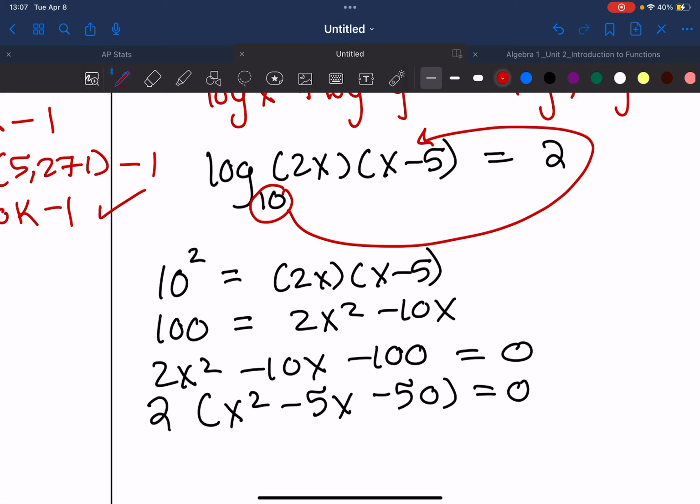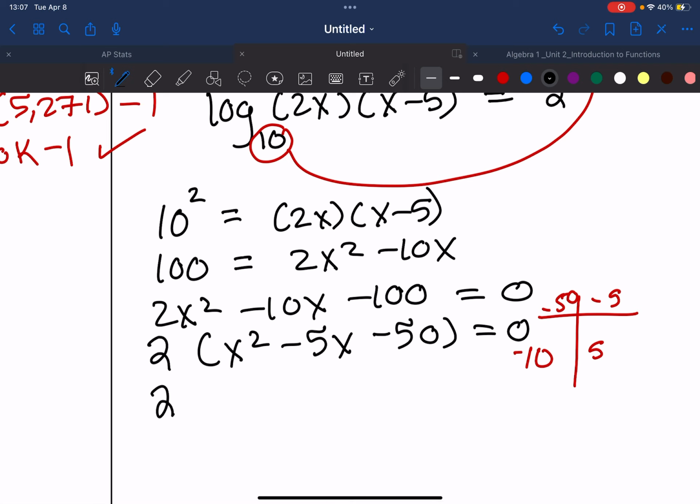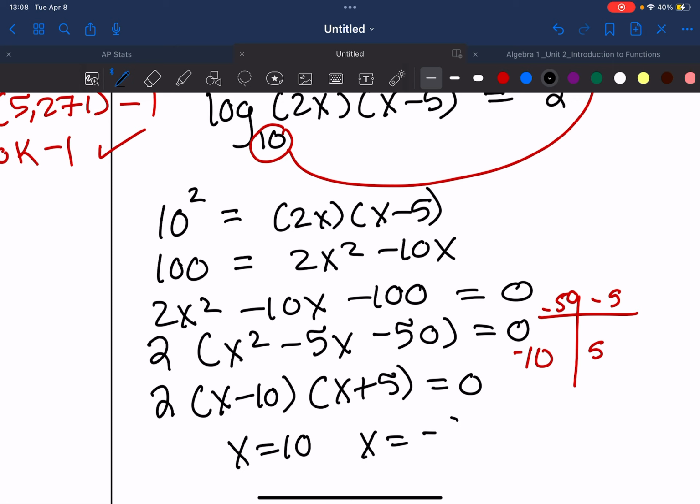And then I need 2 numbers that multiply to negative 50 but add to negative 5. And that is going to be negative 10 and a positive 5. So then I rewrite this as 2 times x minus 10 times x plus 5 is equal to 0, which means x is equal to 10 and x is equal to negative 5.